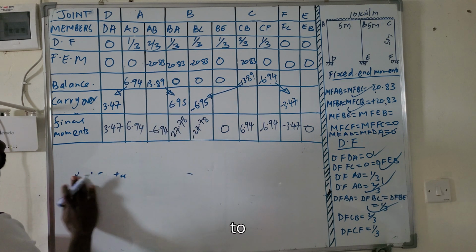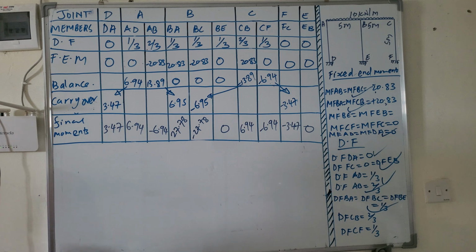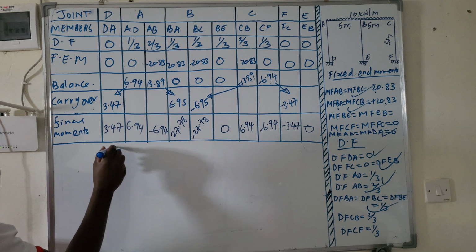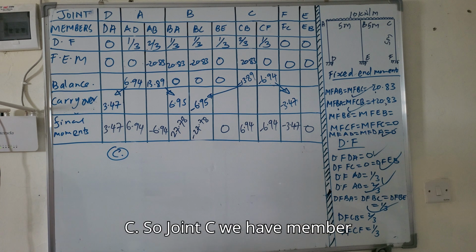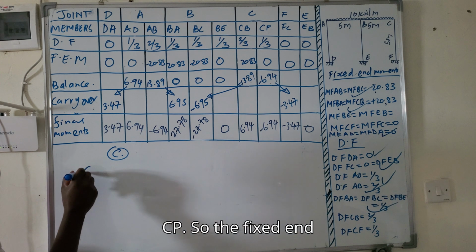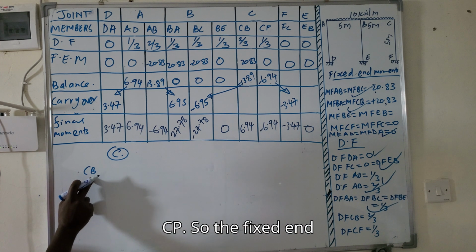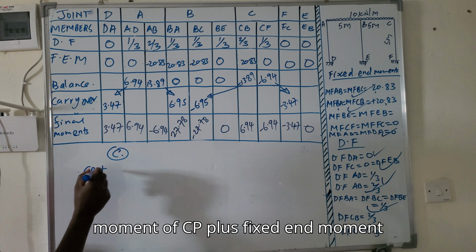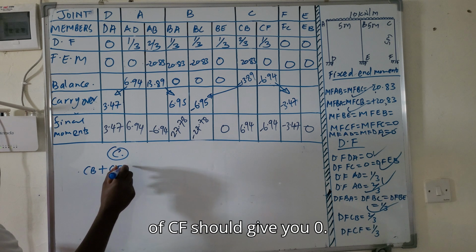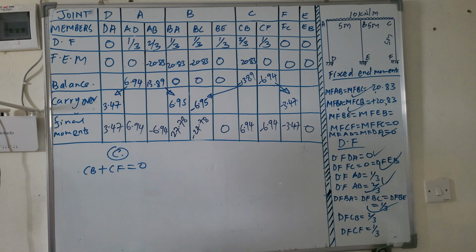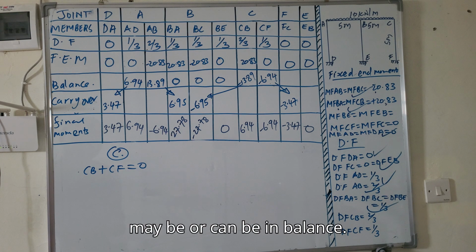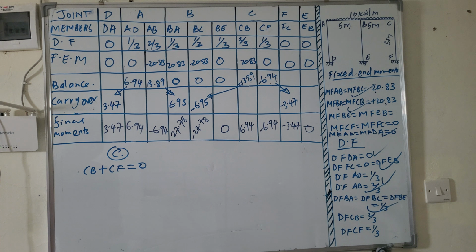We proceed to joint C. So joint C, we have member CB. So the fixed end moment of CB plus the fixed end moment of CF should give you 0, so that joint C can be in balance.